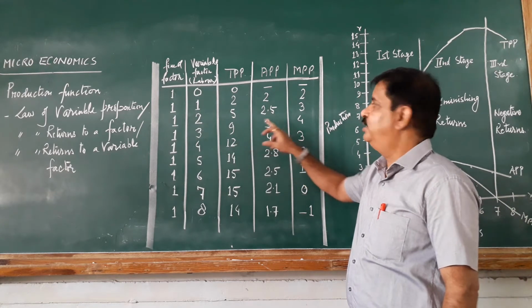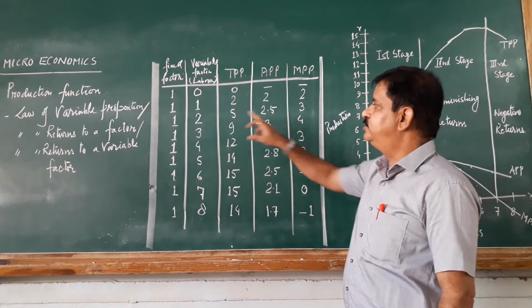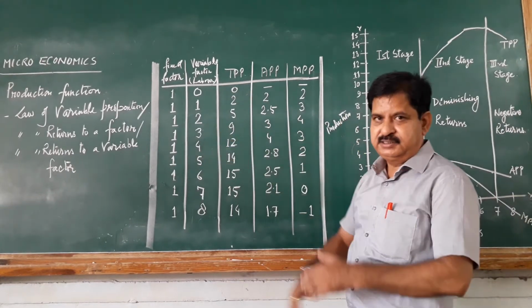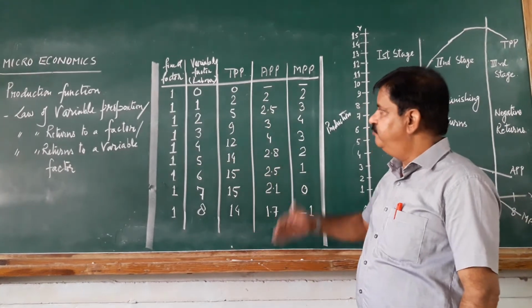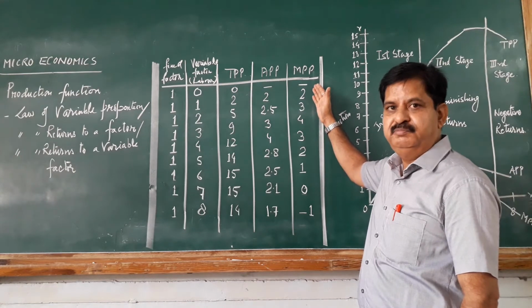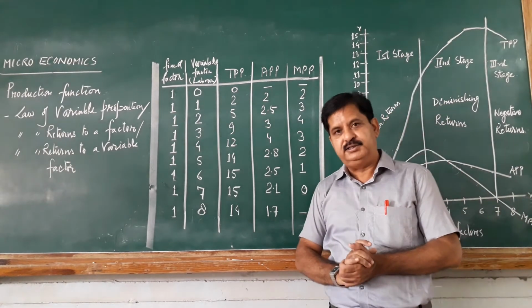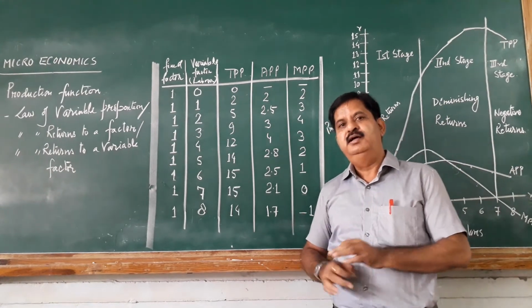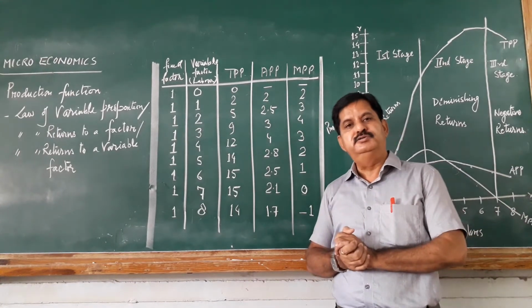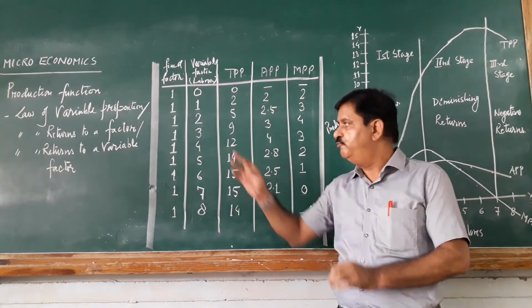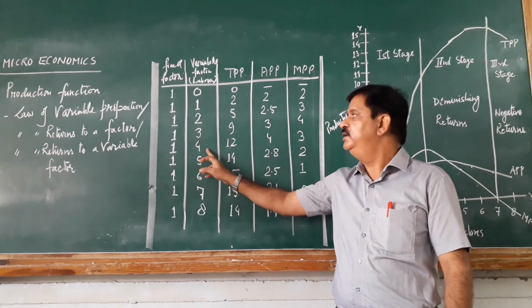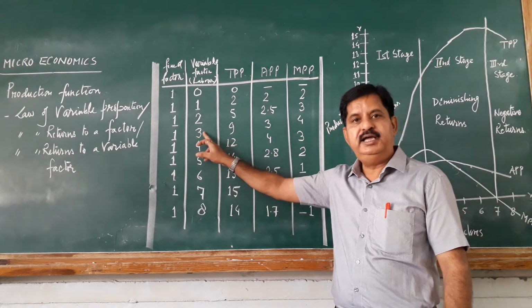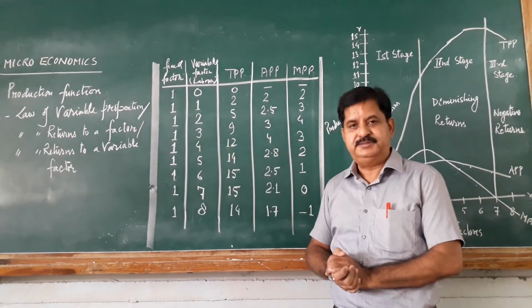The 4 is the marginal product of the third labor. Like this, we go on. We can get the marginal physical product by using the formula MPP is equal to TPP of nth unit minus TPP of n minus 1 unit.